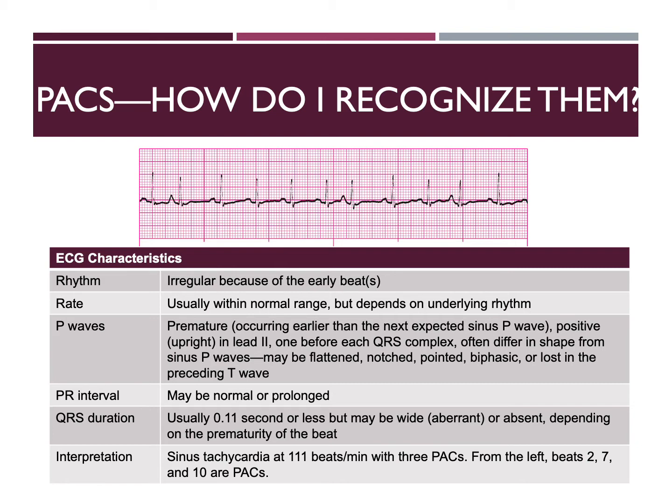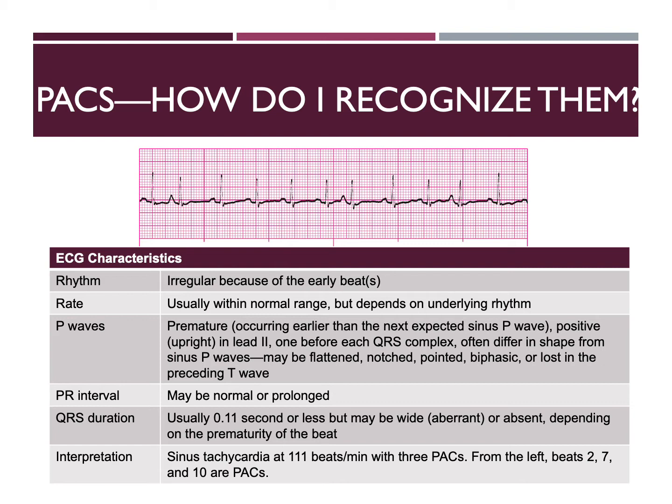If the P wave of an early beat is not obvious, we should look for it in the T wave of the preceding beat. The T wave of the preceding beat may be of a higher amplitude, so that hump might be much higher, which suggests the presence of a hidden P wave.